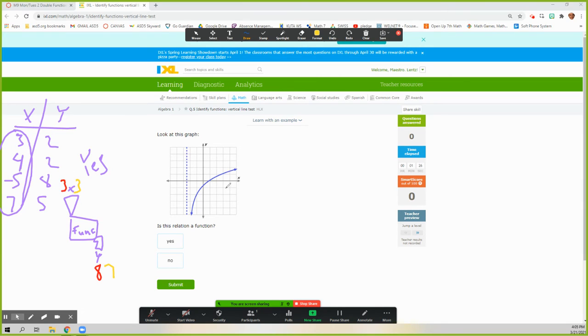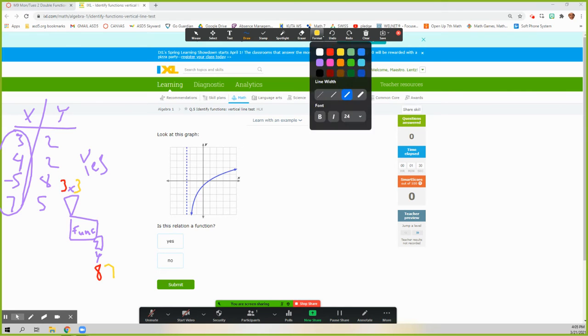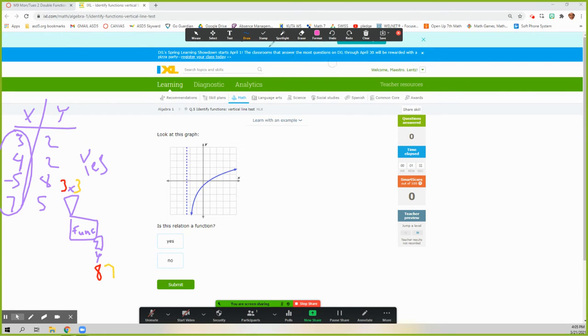So the same idea when I'm graphing, if I look at the line, if we make the vertical line test, let me get a better color that pops. If we make a vertical line anywhere on here, over and over and over, we could just keep making them. As long as it only intersects the line that's on there one time, that means everywhere this hits, there's an x there, right?